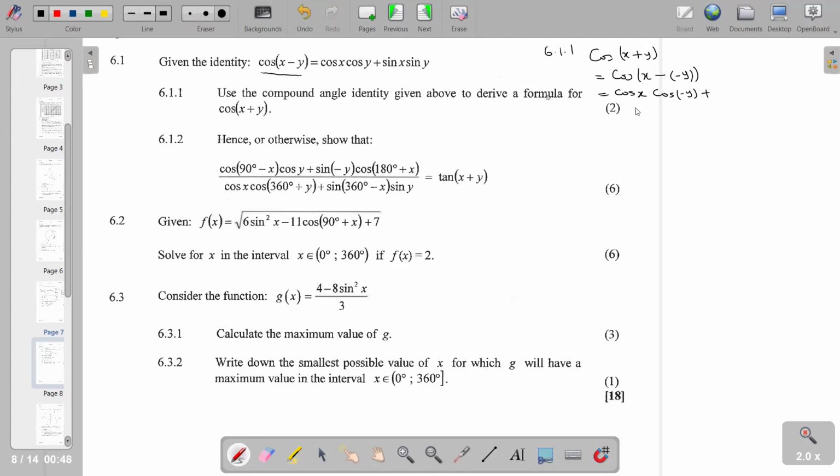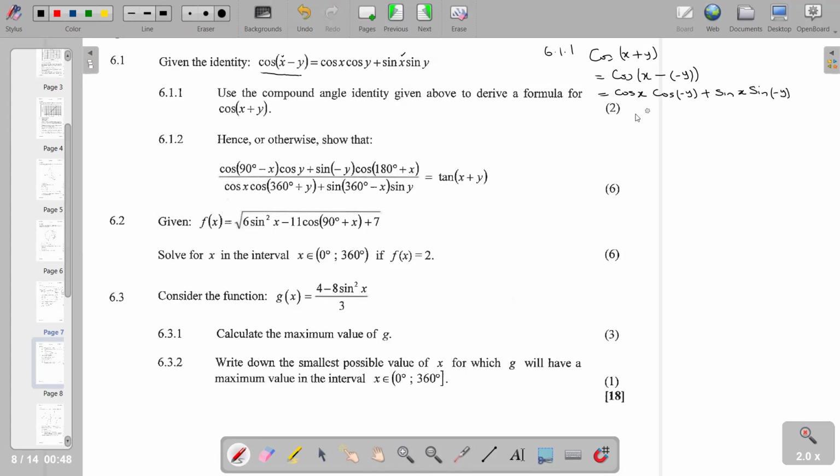Then we are going to say sine x, then the y here is this one, but here we say minus. The angle we subtract is minus y, so it's supposed to be minus y.